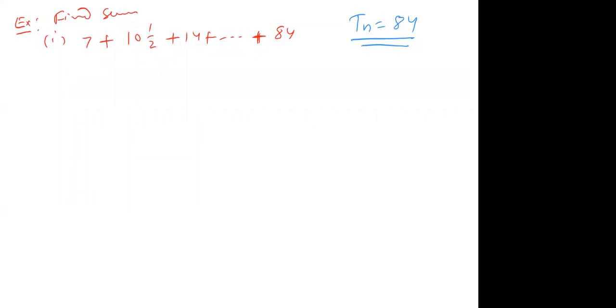In this case, I have to calculate N. D is how much? 10 and a half, you can write 21 upon 2. So 21 upon 2 minus 7 is equal to 21 minus 14 upon 2, which is 7 upon 2. That is D, the common difference.